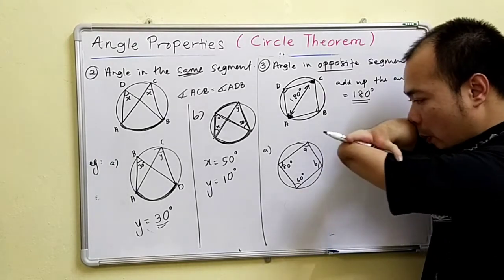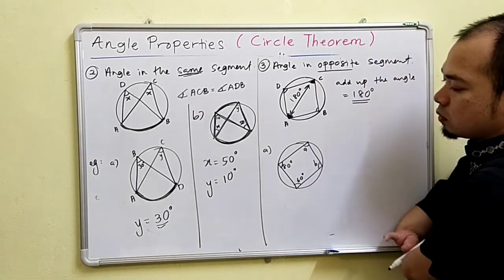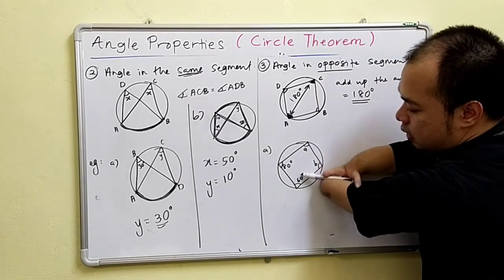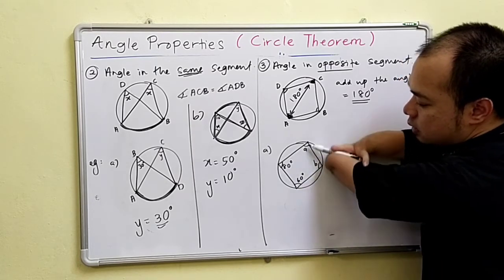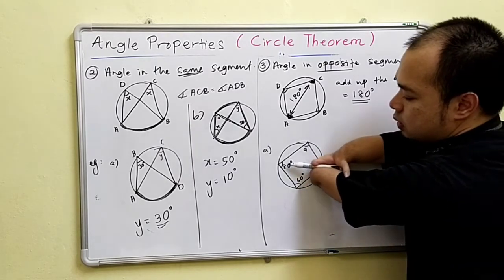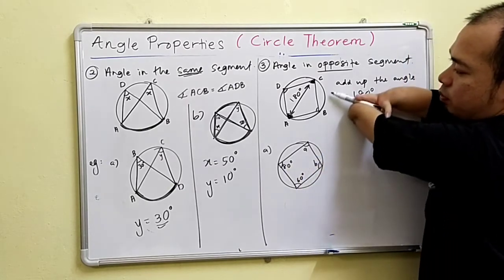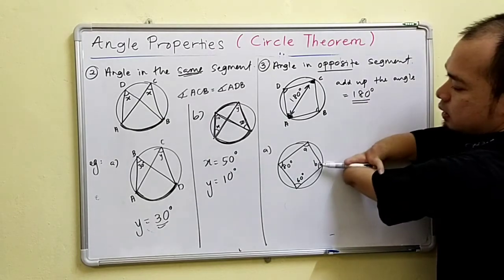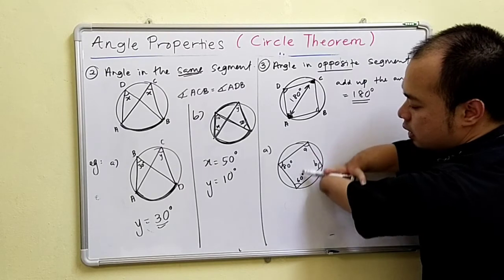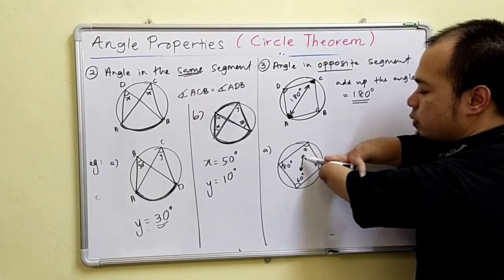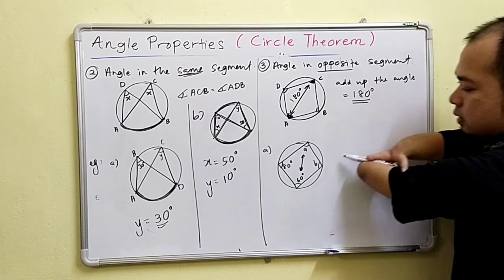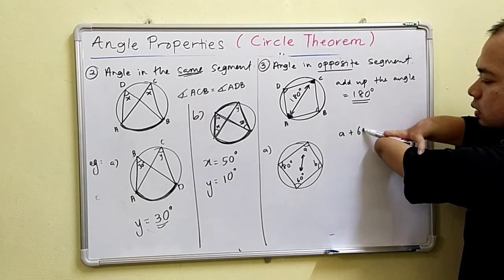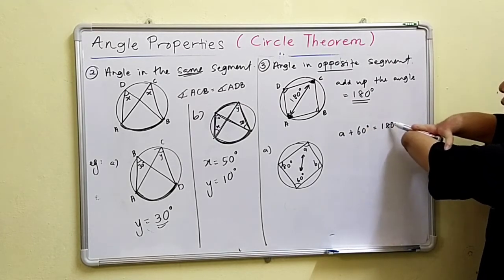Based on this, what you need to do is identify which one is opposite to which one. I can see that A and 60 degree, they are opposite to each other. B and 80 degree, they are opposite to each other. I will apply this rule: when we add up the angles, it will become 180. Let's find angle A first. A and 60 are opposite, so A plus 60 degree must be 180.